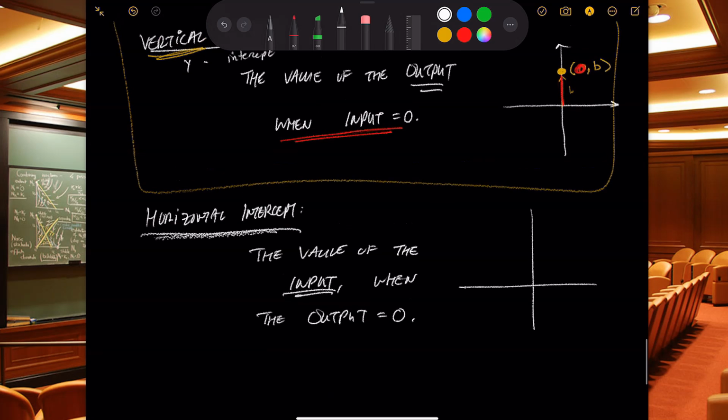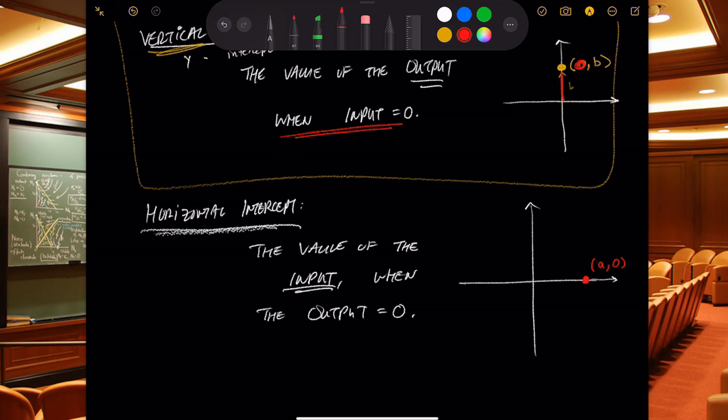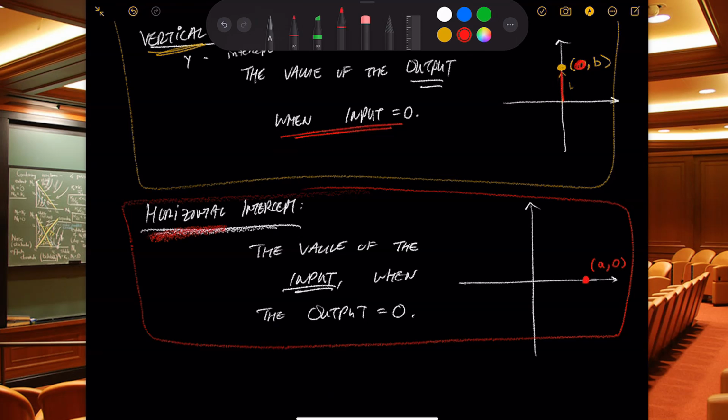So if we look at this graphically, horizontal intercept, this means intercept, where do you cross? The horizontal axis. So here we'd be looking at some point like this. It's the value A when the output is 0. So it'd be somewhere like this on the horizontal axis. Okay, so sometimes this has meaning and sometimes it doesn't, just like with the vertical intercept. And I'll give you an example of how that works.